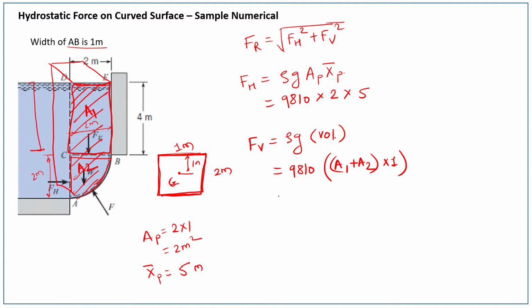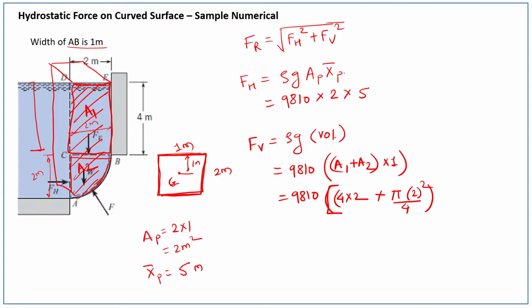So this is nothing but volume. So it is 9810. A1 we can find out as 4 into 2, plus A2. A2 is one fourth part of the circle, so it is pi r square divided by 4, so pi into 2 square divided by 4.